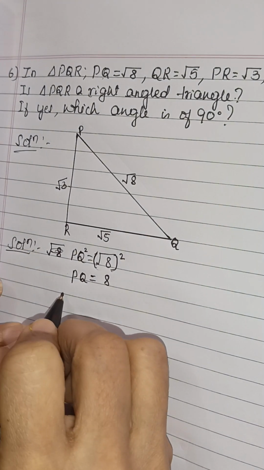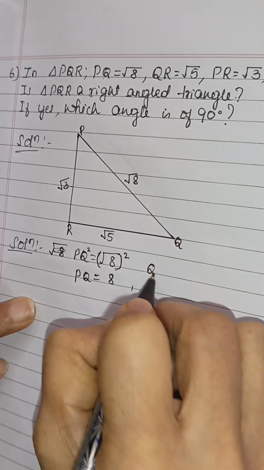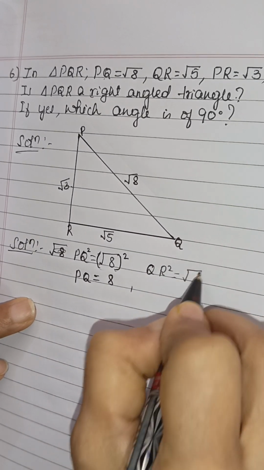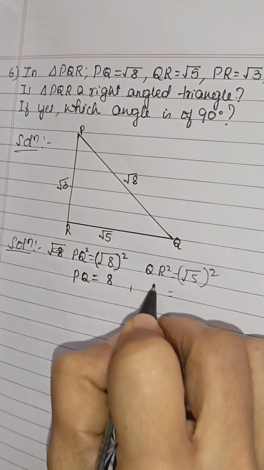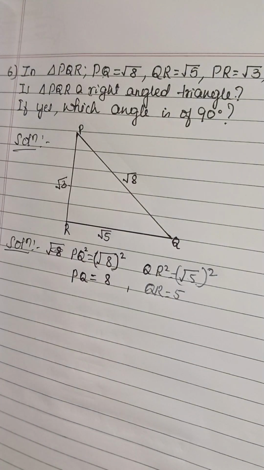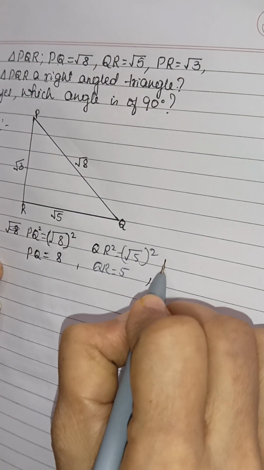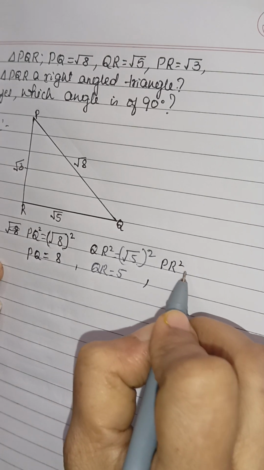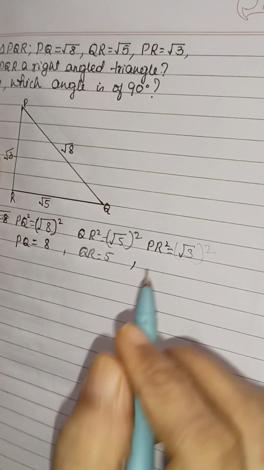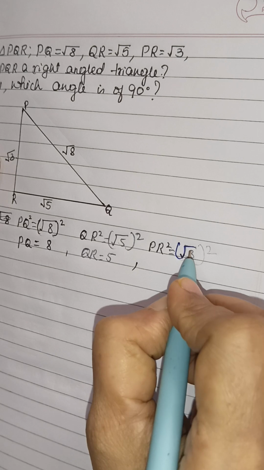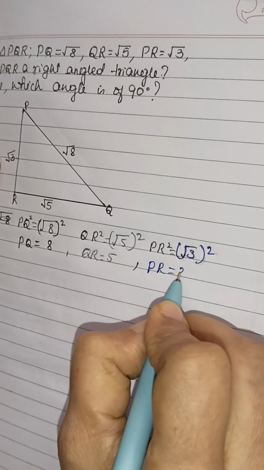Then QR square, that is root 5 square. QR square is 5. And then PR square, that is root 3 square. PR square is 3.